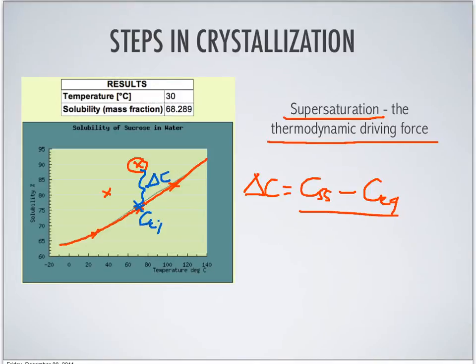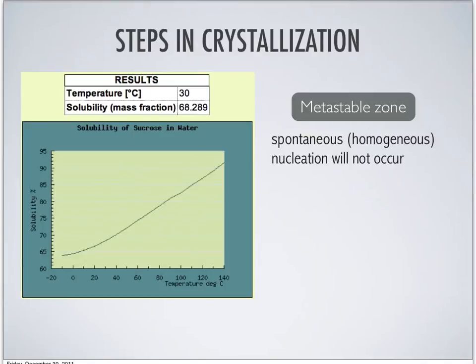Supersaturation of the solution can also be expressed as S, and we take the ratio of C to the CEQ. Now let's examine the solubility curve more carefully. This is the equilibrium solubility curve, or equilibrium solubility line.